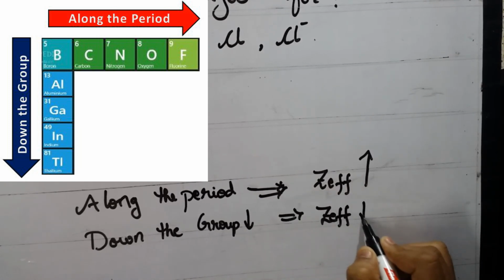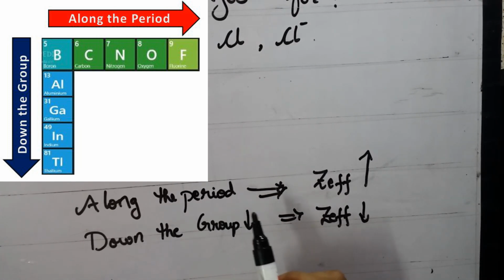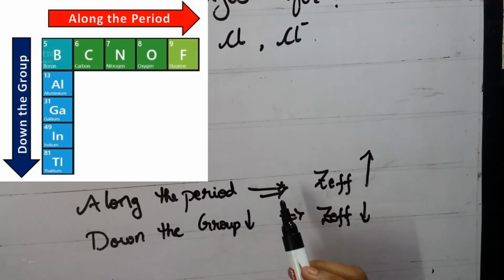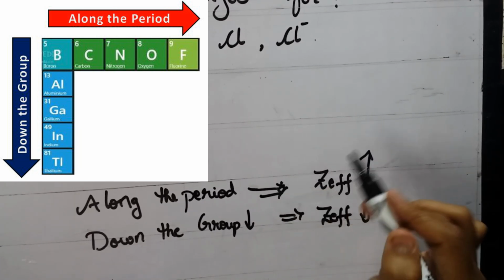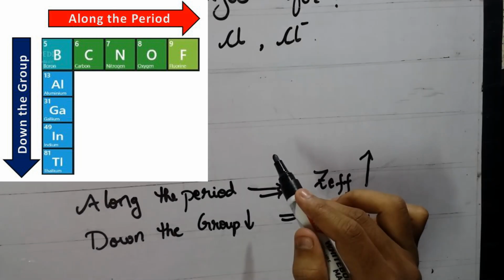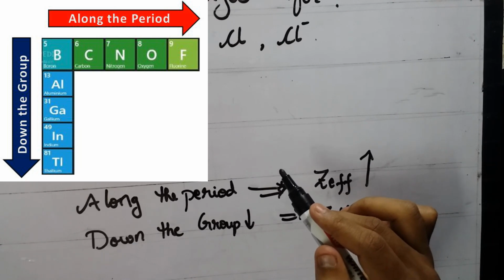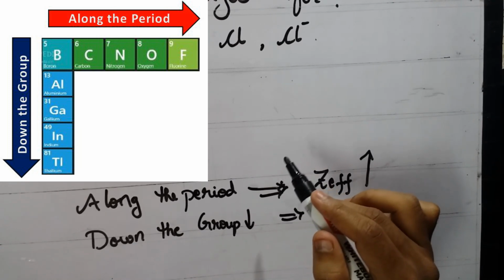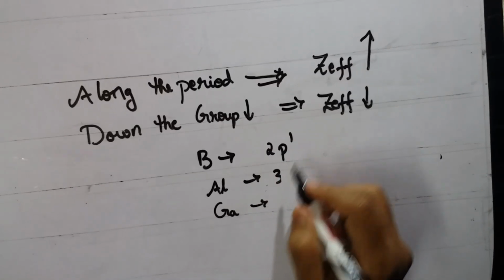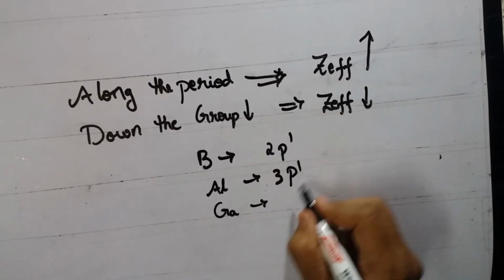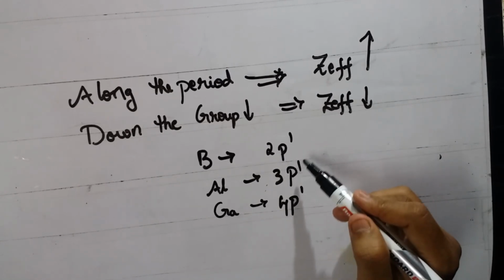decreases. Because when we move along the period, consider boron, carbon, nitrogen, oxygen, the electron is being added to the same shell. But if we move down the group, that is, if we consider the boron family, boron, aluminum, gallium, the electron is being added to a new shell, that is 3p1 and 4p1, the electron is being added to a new p shell.